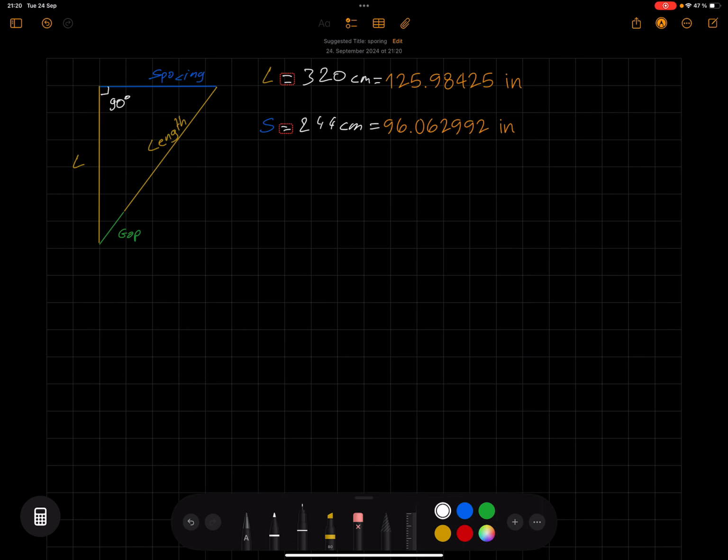And so the hypotenuse, we know that actually we have L square plus S square equal the hypotenuse, so we have L again, plus the gap.